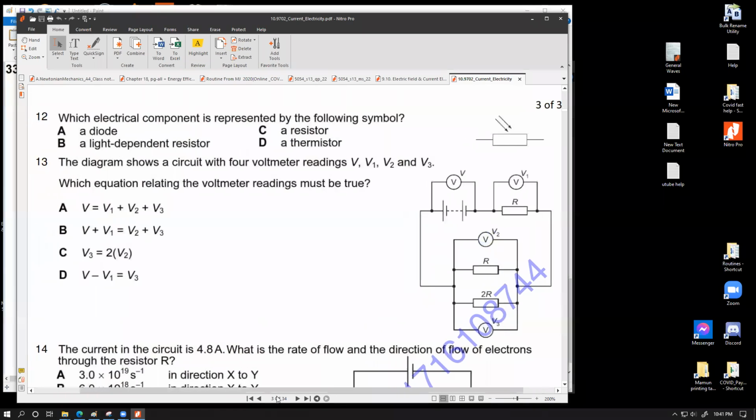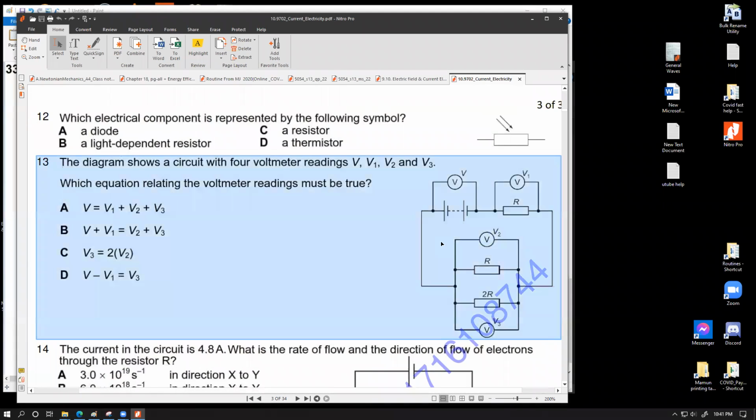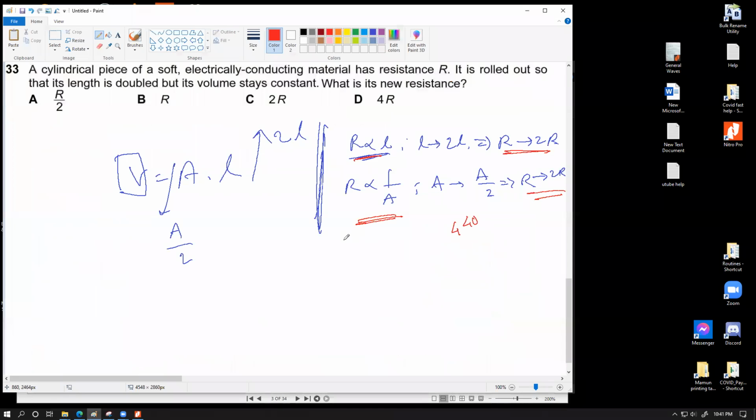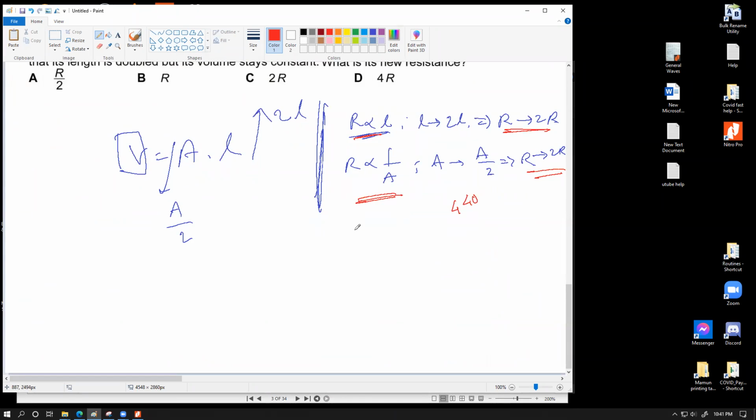How about we give it a try for number 13? Sir, we cannot see anything except your markings.